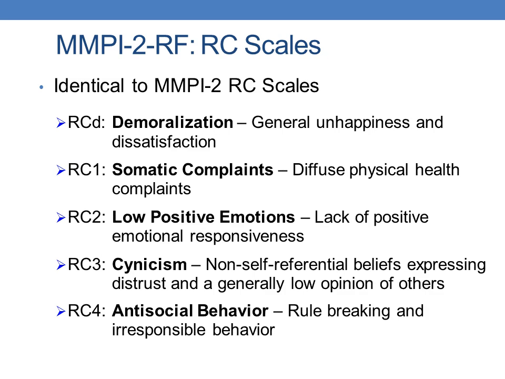Now, the RC scales, the Restructured Clinical scales, were originally released in 2003, and they were an attempt to identify a solution to a problem that long plagued the clinical scales from the original MMPI, which was that they had poor discriminant validity, had high levels of intercorrelations that were attributable in large part to there being this saturation with general emotional distress.